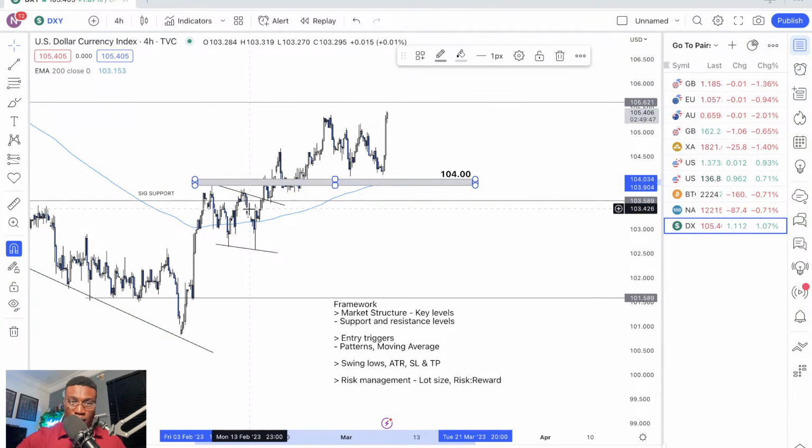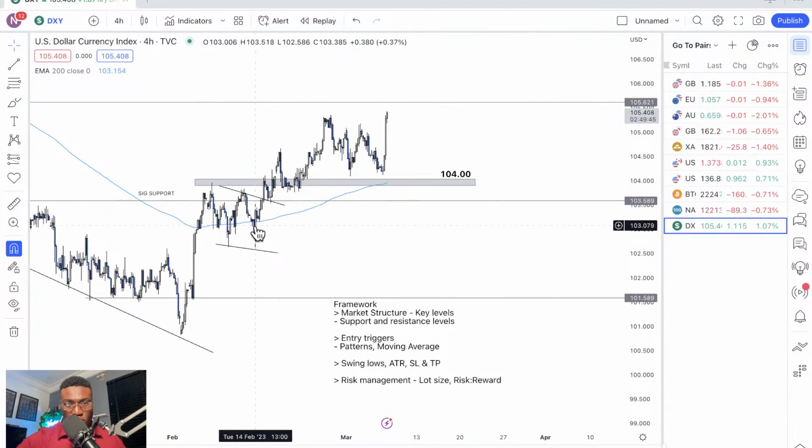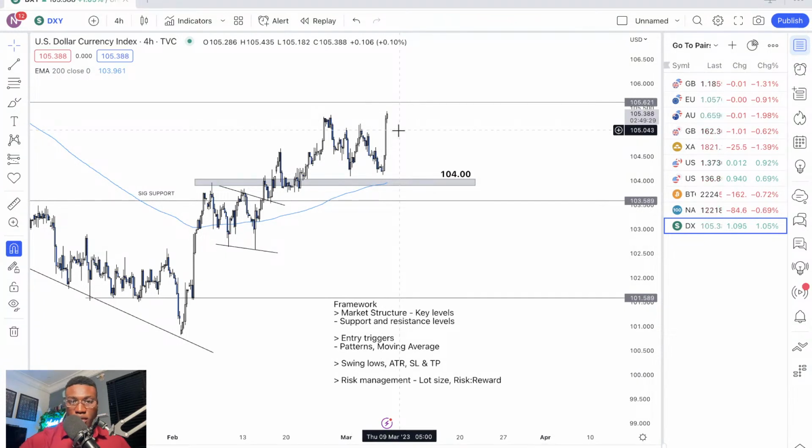But as long as we're trading above it and also above the 200 period moving average, we're still bullish on the dollar. And you can see this massive move to the upside that has happened as a result of the just concluded economic event or speech by the chairman of the Fed, Jerome Powell. And we've seen how this has brought about massive gains to the dollar index.